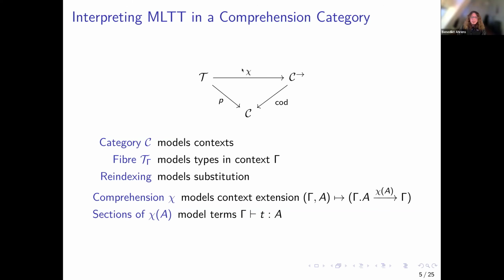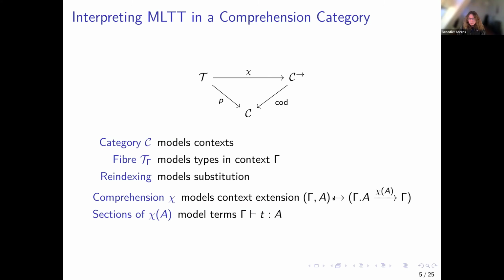The comprehension χ models context extension. So the objects in T we can think of as pairs consisting of an object in C, a context Γ, and a type A living in that context.